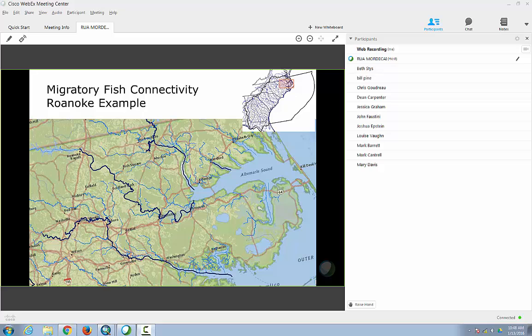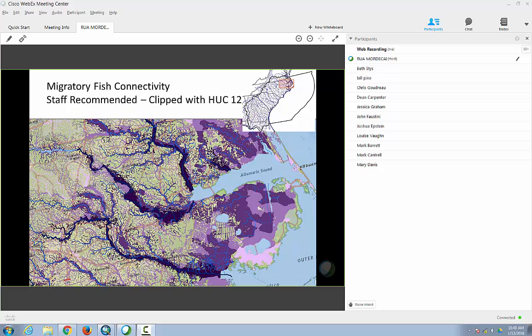All right, I'm going to go through this real quickly again for the group. So basically, the proposal here would be getting your thoughts on going with this clipped version, clipped to the HUC 12 for the migratory fish connectivity. We can add back in American shad as a species, and also two other action items.